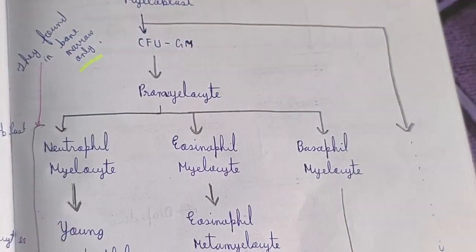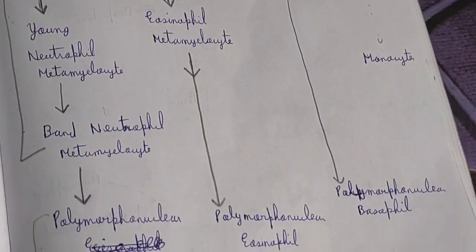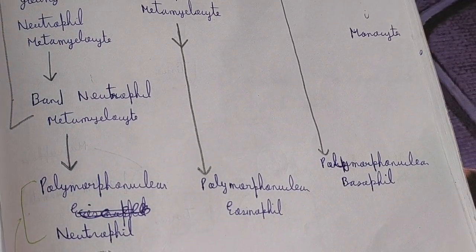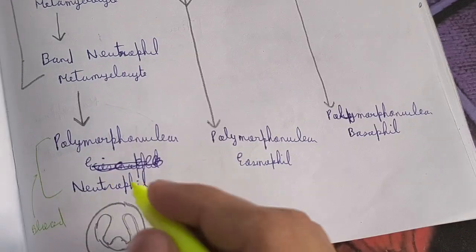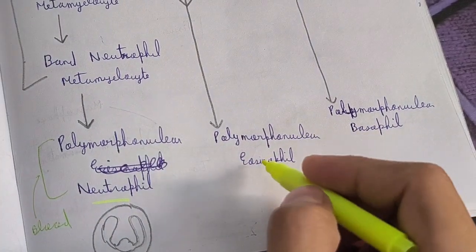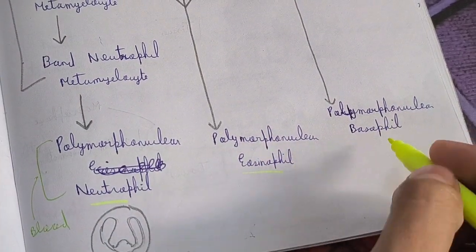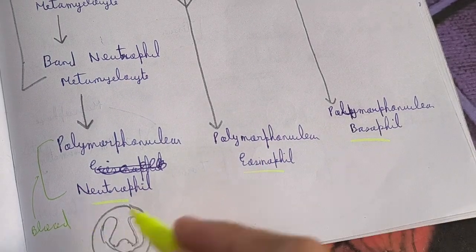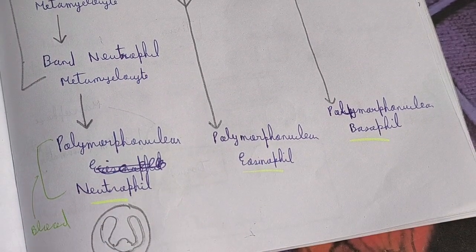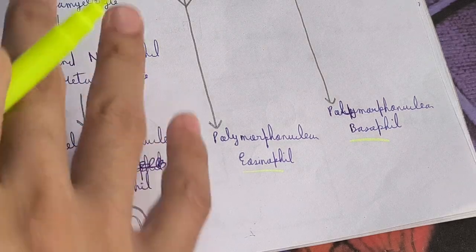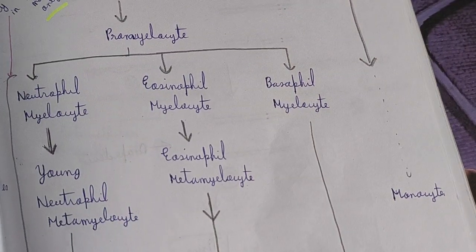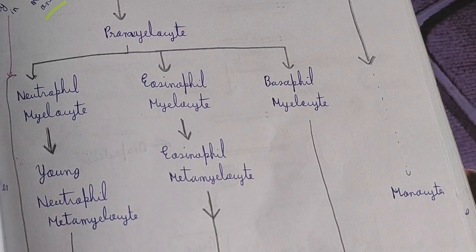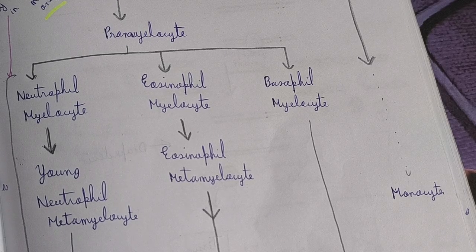Mature polymorphonuclear neutrophil, polymorphonuclear eosinophil and polymorphonuclear basophil are found in blood. Therefore, no immature myelocytes are found in the blood in a normal condition.